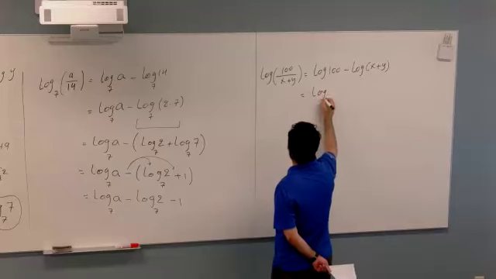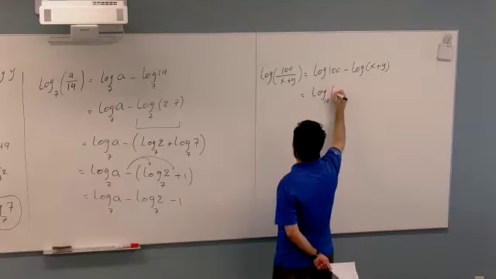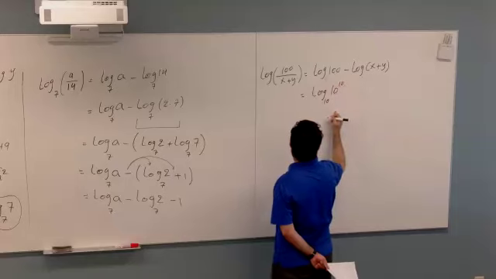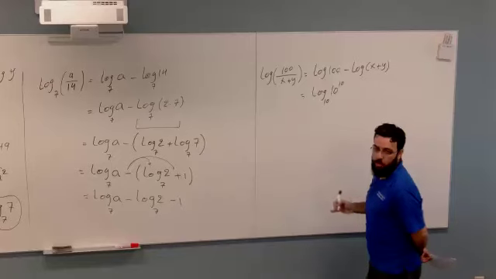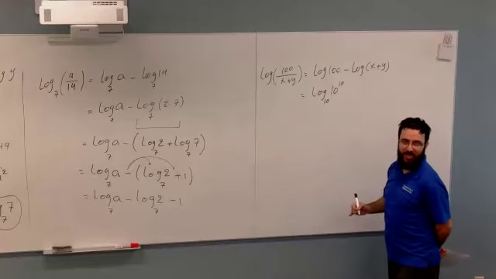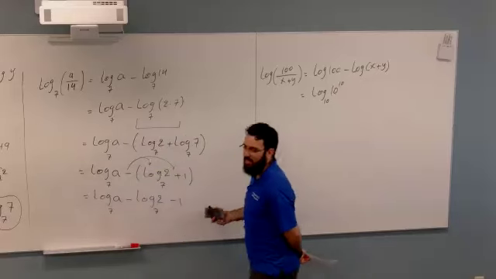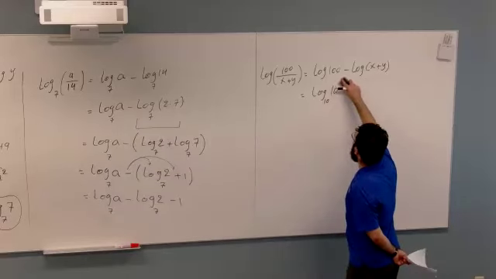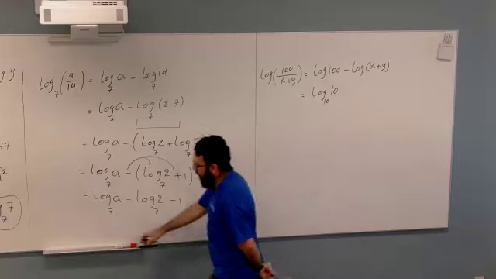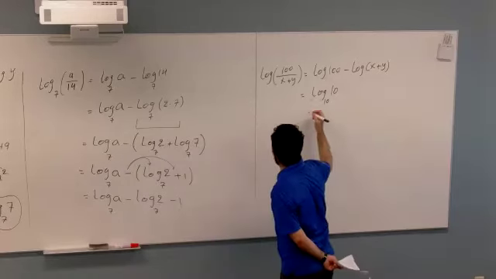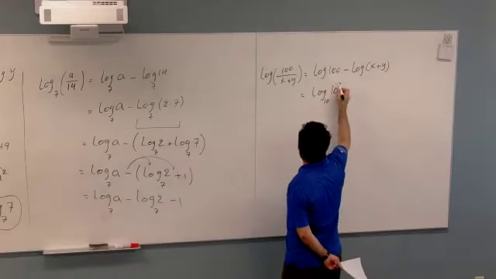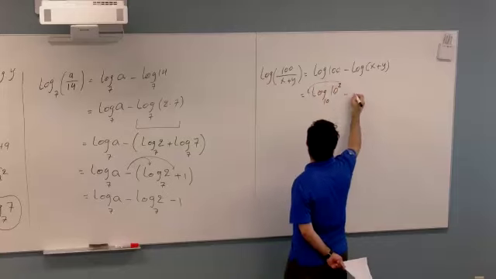It's log to the base 10. Can I say 10 to the power of 10 or 2? Yes, 2, because 10 times 10 is going to be 100. So how much is that up there? 2. Move the 2 here.